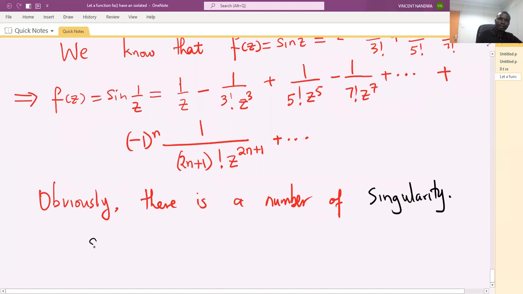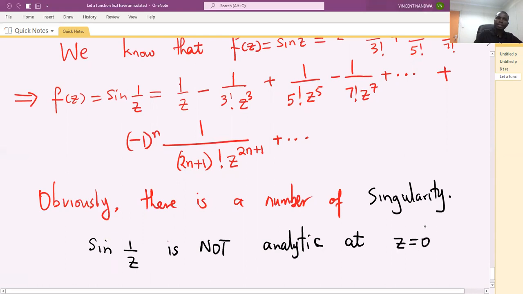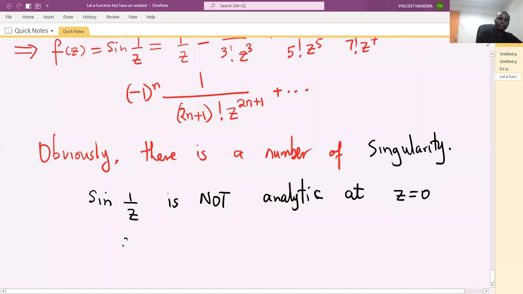So sine of 1 over z is not analytic at the point z equals to 0, since 1 over z is equal to infinity at z equals to 0.